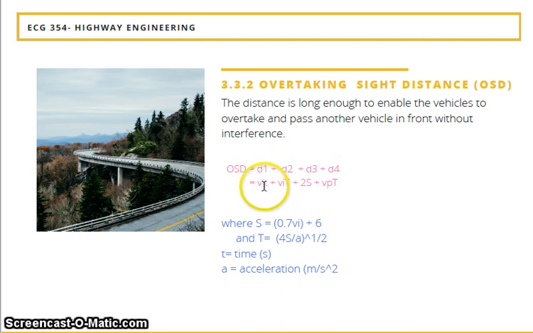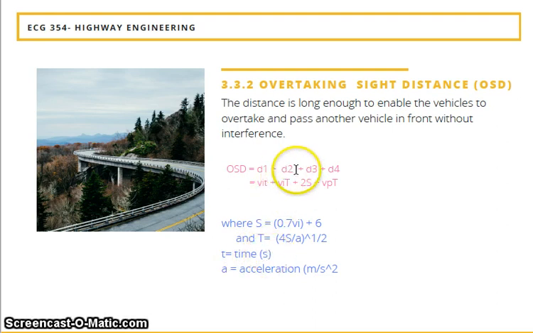D1 equals Vi t, where Vi refers to the speed of the impeded vehicle multiplied by t, the time in seconds.